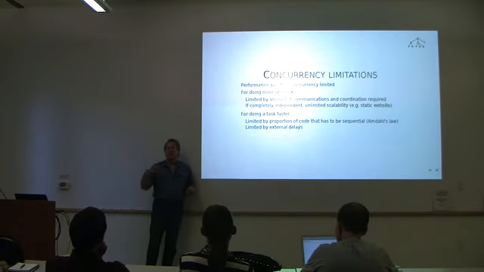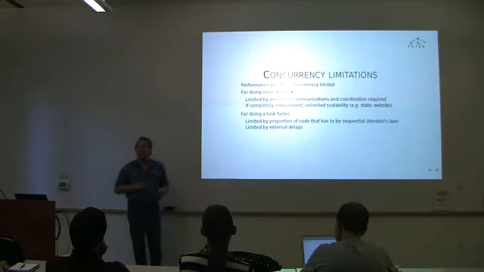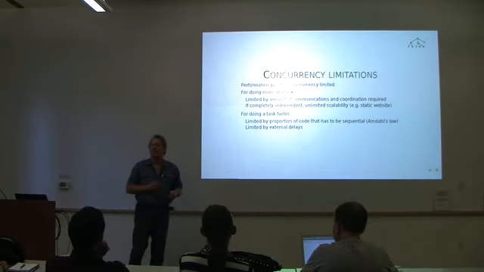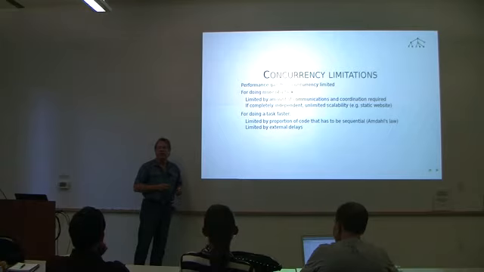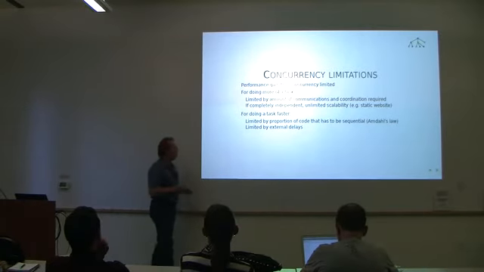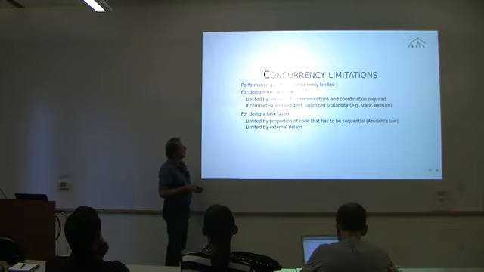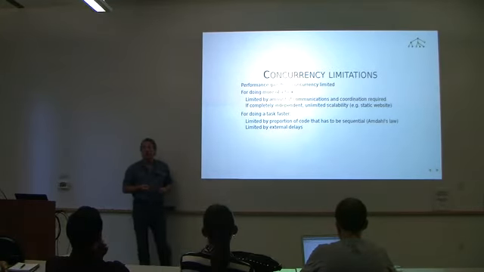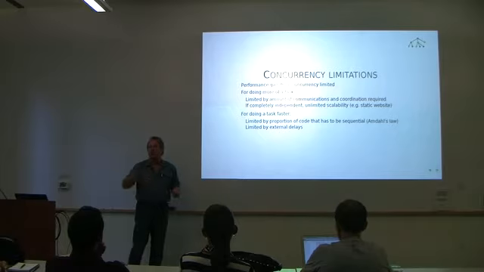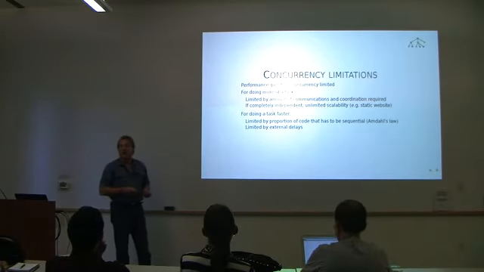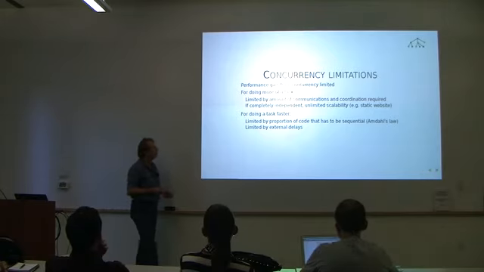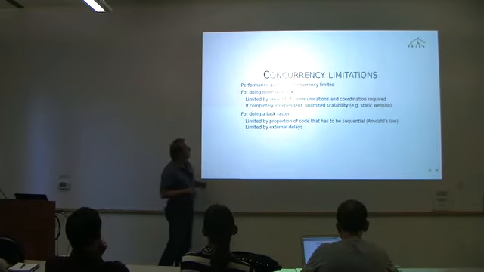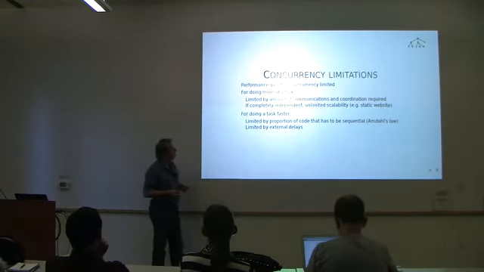If 95% of your code can be executed concurrently and 5% of it has to be sequential, the maximum amount of performance benefit you're ever going to get is a 20 times performance increase, because that 5% is going to limit you. More likely, if it's like 75% of your code can be executed concurrently and 25% has to be done sequentially, then the maximum you're ever going to get is 4 times performance gain, no matter how many processes you throw at it. So you're going to be limited by the proportion of code that has to be sequential.